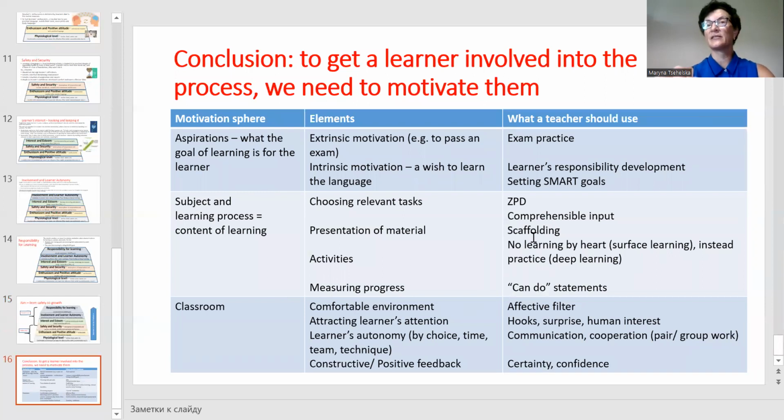And here again, ZPD, comprehensible input, scaffolding, not learning by heart, and so on. And then in the classroom, we create a comfortable environment, we attract learners' attention, we do everything to develop learners' autonomy, and we give constructive and positive feedback.